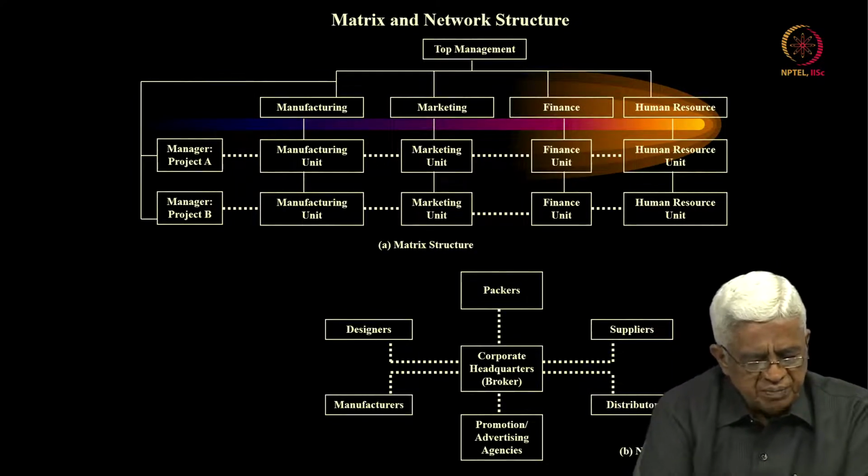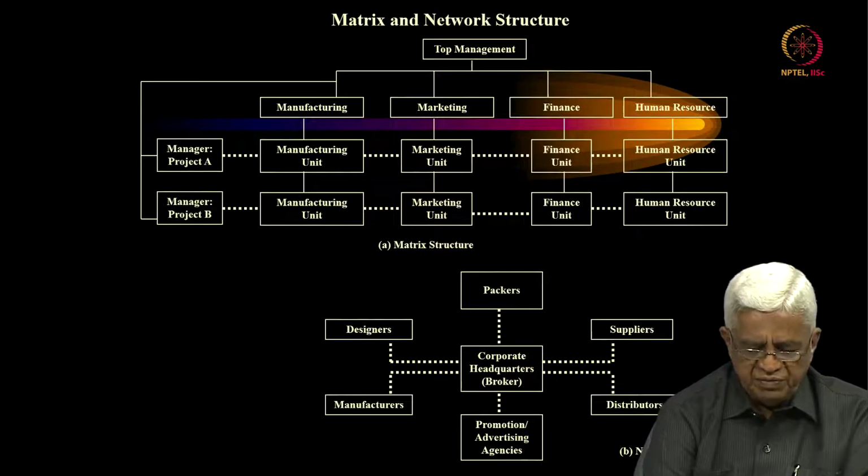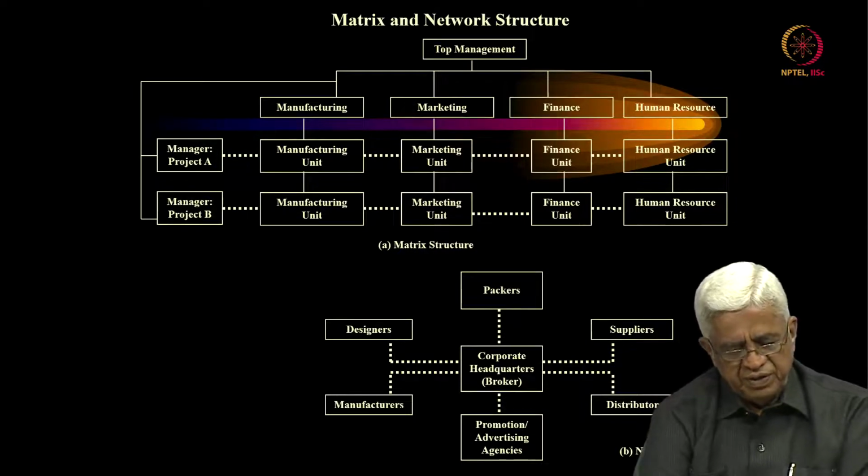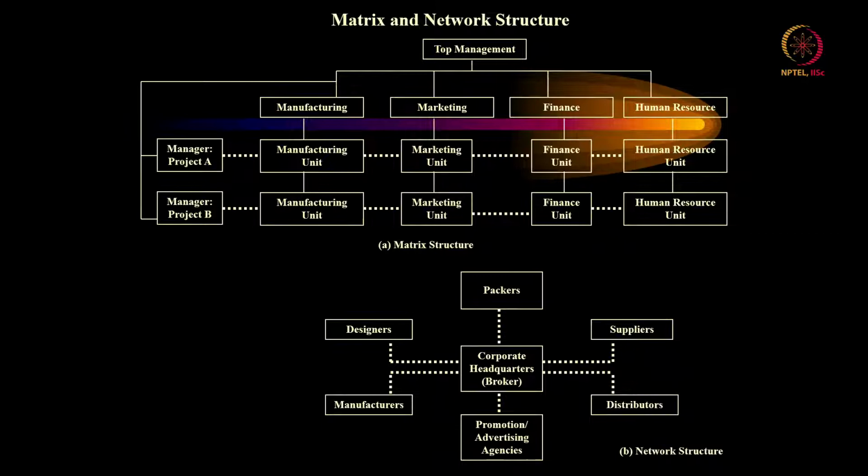Now, if you look at the matrix structure, the network structure, the corporate headquarters more acts like a broker, kindly note that. So, what is the type of different units which it has to do the brokership with reference to packers, promotion and advertising agencies, maybe designers, manufacturers, suppliers, distributors.